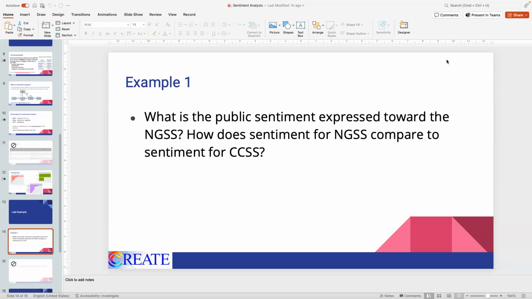Both are common in the US, I think less so in Canada. The Next Generation Science Standards are just for science, and Common Core is for math and reading or literacy. I'll give you a background.